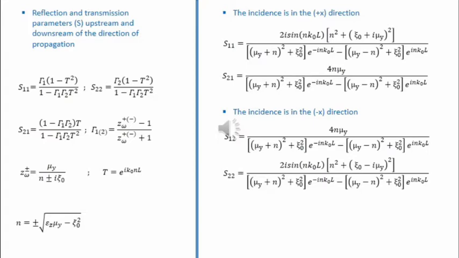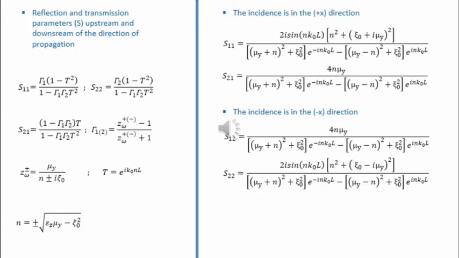Here, Z+, Z-, n and k0 are respectively the normalized wave impedances in forward (+x) and backward (-x) direction, the refractive index of bi-anisotropic slab, and the free space wave number.